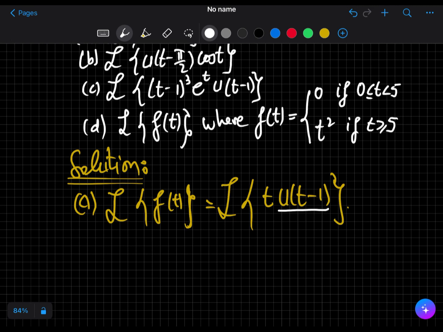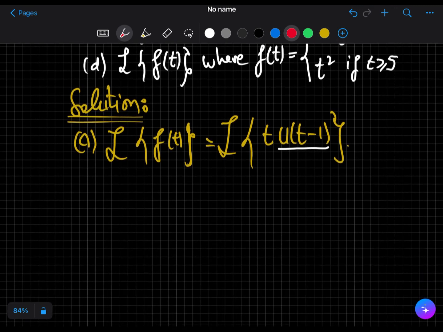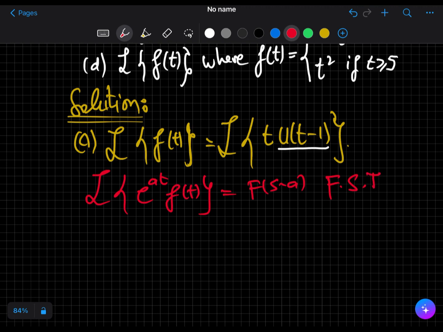Now, let me recall to your knowledge the two main formulas from the Laplace transform table that we will use in this video. The Laplace transform of e^(at) f(t) is equal to F(s minus a). This is called the first shift theorem.